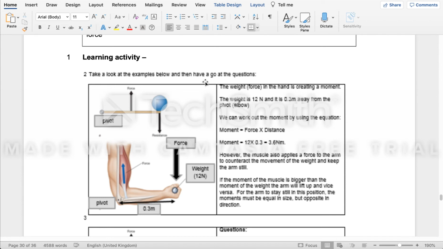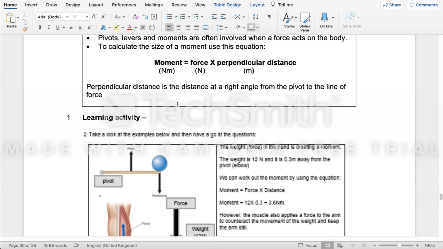One of the greatest things about these questions is that it gives you part of the answer, because these units are actually clues as to which one it is. If it's in newtons, that's a clue that it's a force, because we know that force has to be measured in newtons. It can't be distance, because distance is measured in meters.